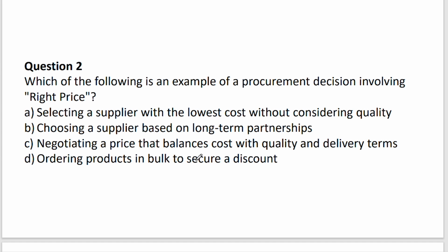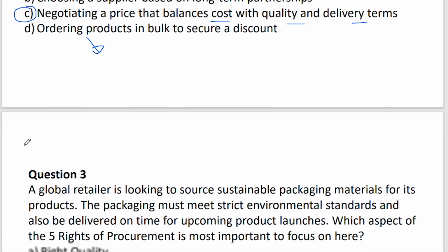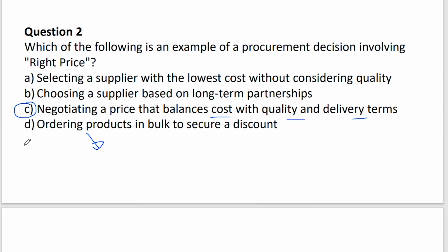Negotiating a price that balances cost with quality and delivery terms? Sure. Ordering products in bulk to secure a discount? Not really. This is just an example of economies of scale, but the right answer is this one: negotiating a price that balances cost with quality and delivery terms. So that's that.